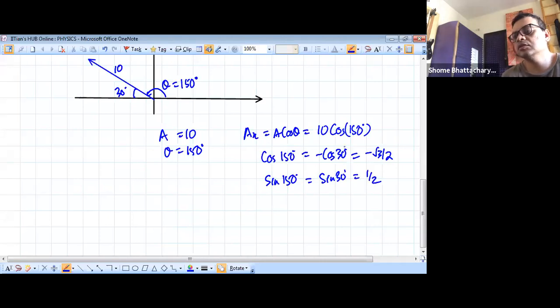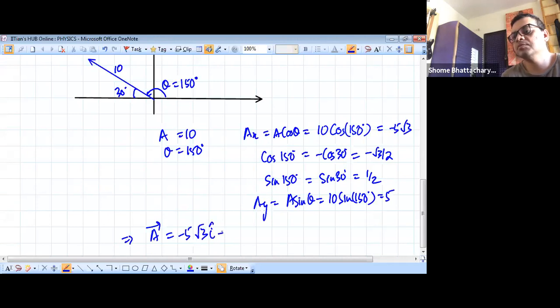So this will become minus 5 root 3, and this will become 5. So the vector E will be minus 5 root 3 i cap plus 5 j cap, which is option C.